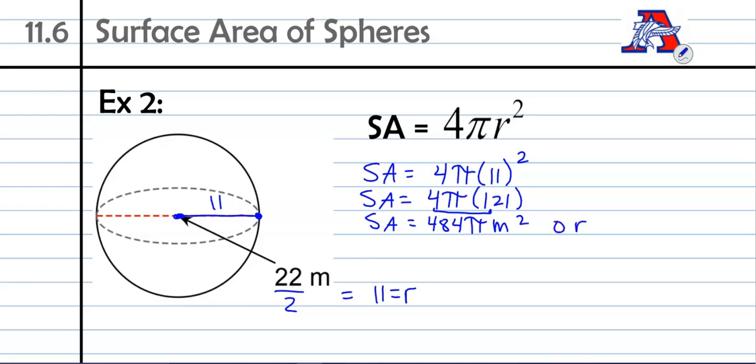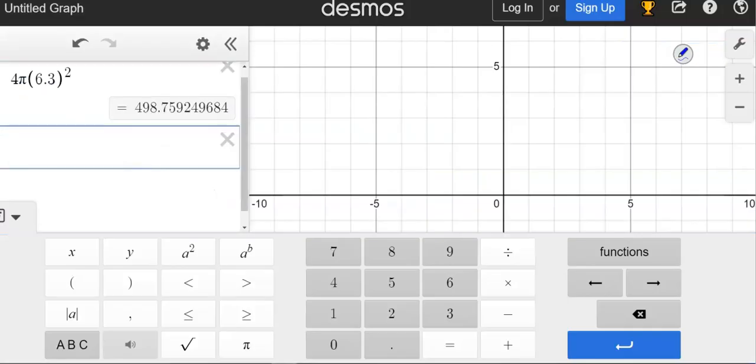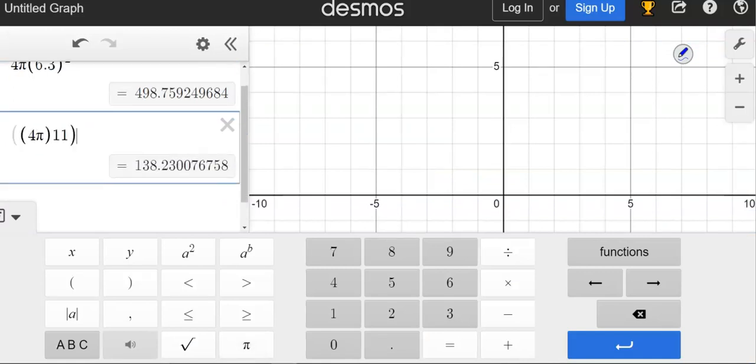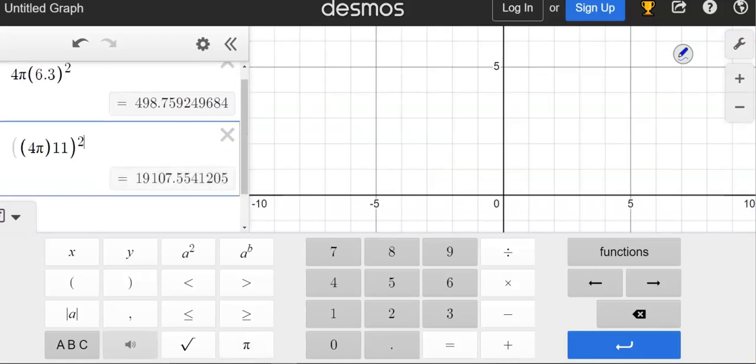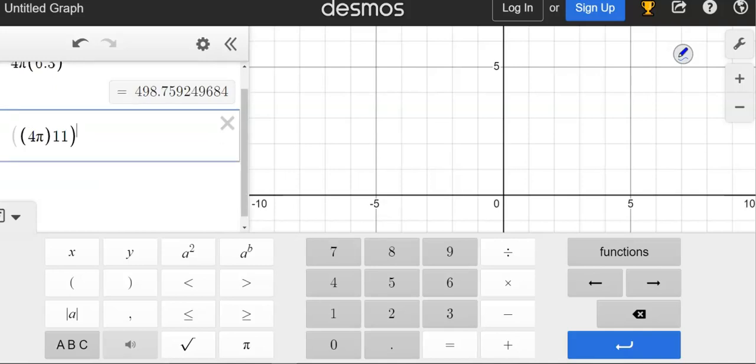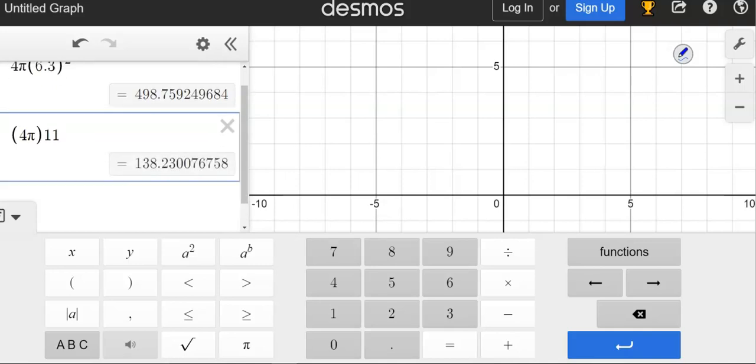Or you could have just punched it into the calculator all at once like we did in the last example, just 4 pi 11 squared. Got an extra parentheses in there, but that's okay.